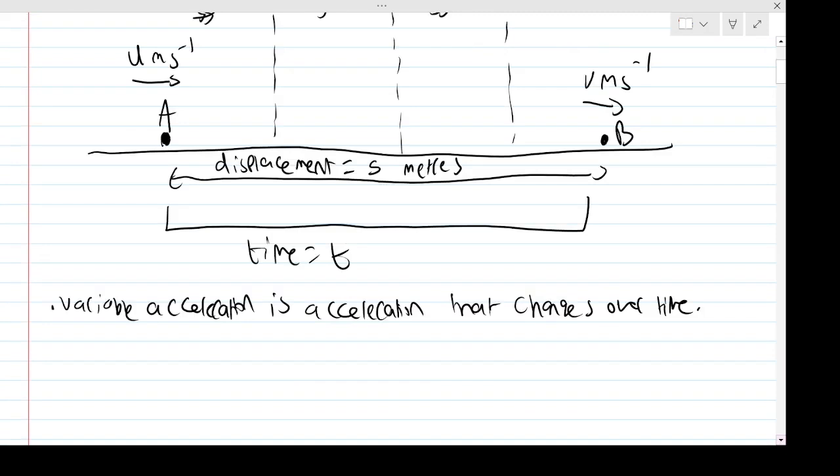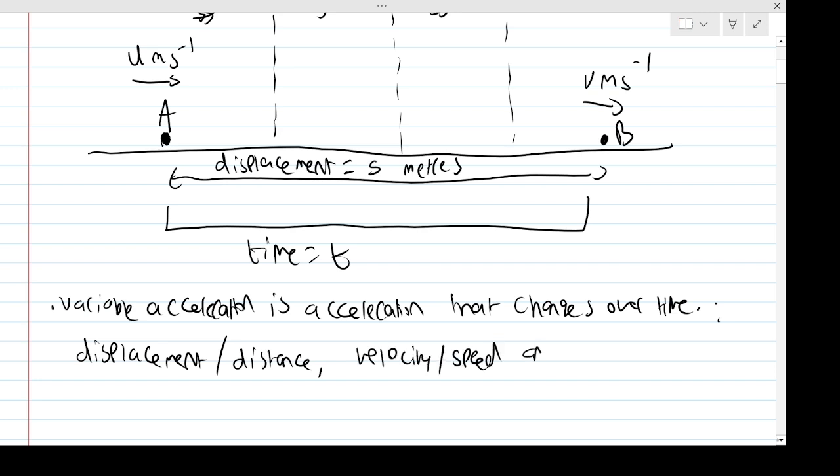So now, in this case, when we have variable acceleration, the displacement or the distance, the velocity or the speed, and the acceleration are all functions of time.